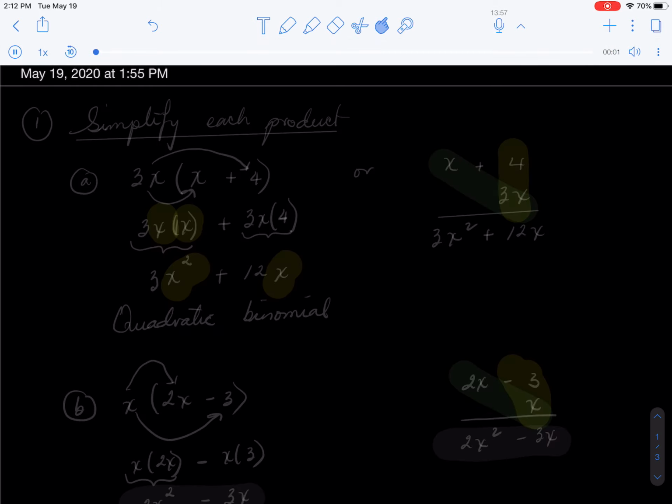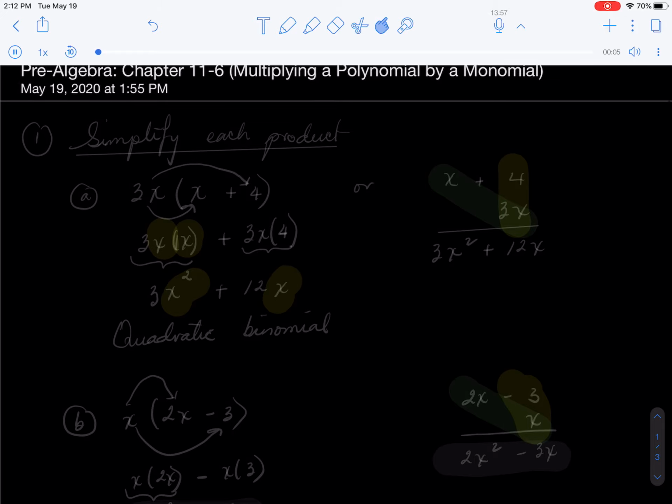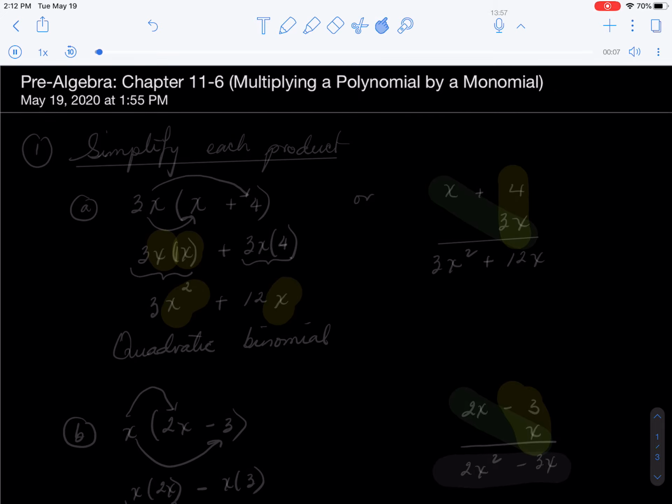Okay, so when you are multiplying a polynomial, meaning many terms, by a monomial, meaning one term, what would you do? Okay, so it involves the distributive property. It goes back to the exponential rules.